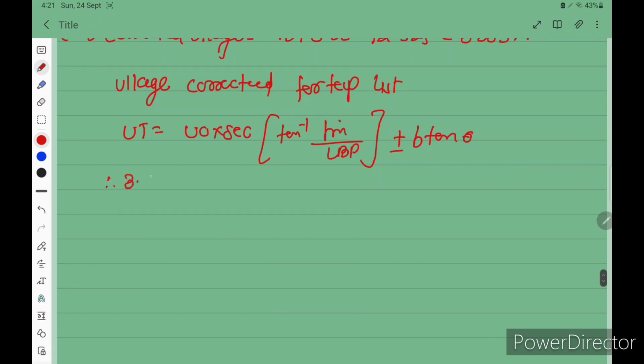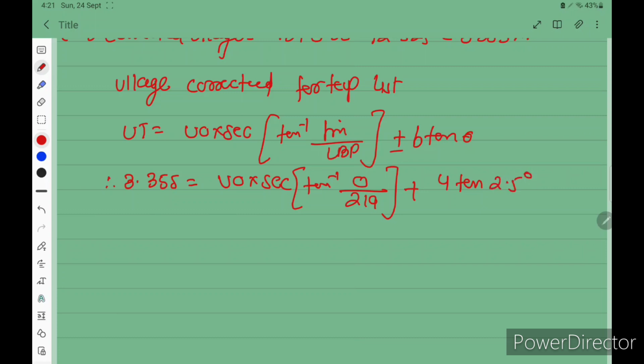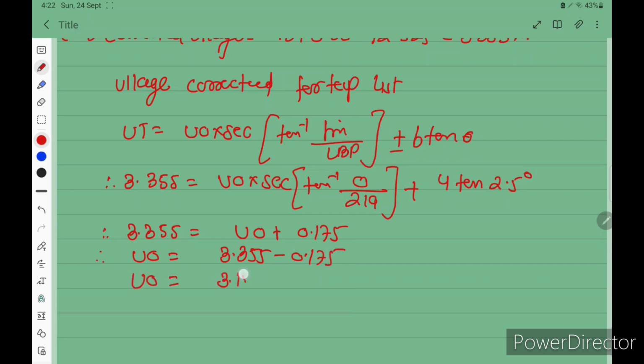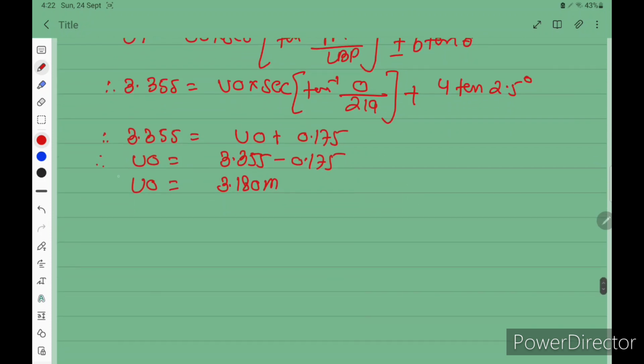So UT we calculated, 3.355, is equal to UO into sec tan inverse, trim is 0, LBP is 219, plus, same side, so 4 tan 2.5. Now here 3.355 is equal to UO plus 0.175. Now this will go to the other side, so 3.355 minus 0.175. So the observed ullage is 3.180 meters. So this is our answer.